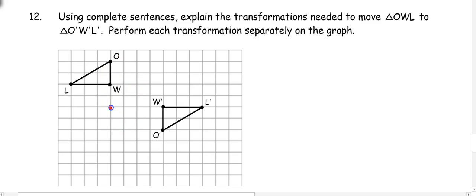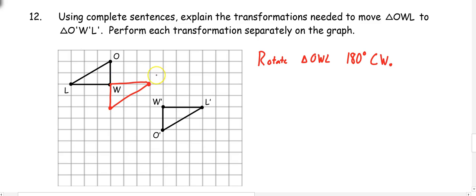So in order to do that, and L to get over here, I need to do 180 degrees. Because if I go up, that's 1, 2 turns to get to L. So first I'm going to say rotate triangle OWL 180 degrees clockwise.